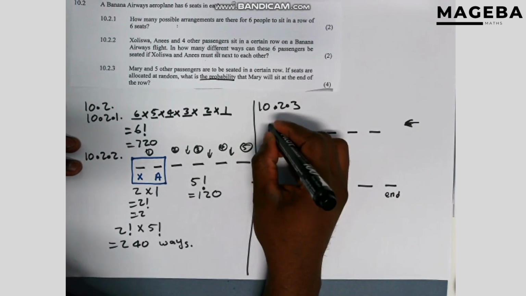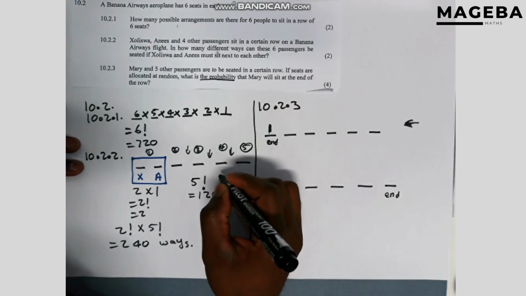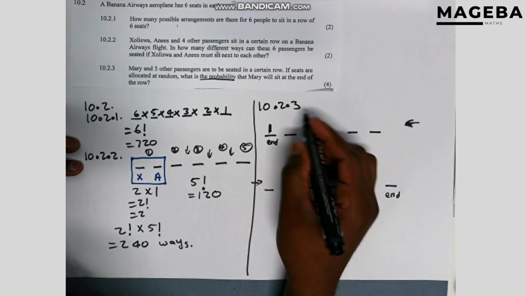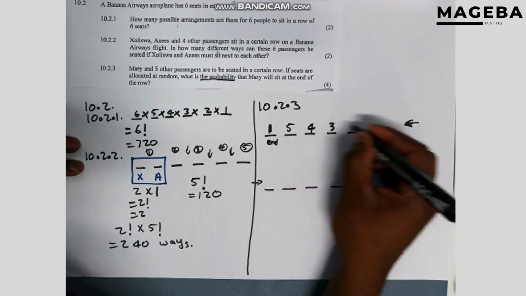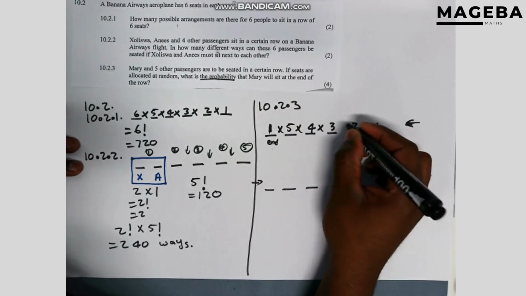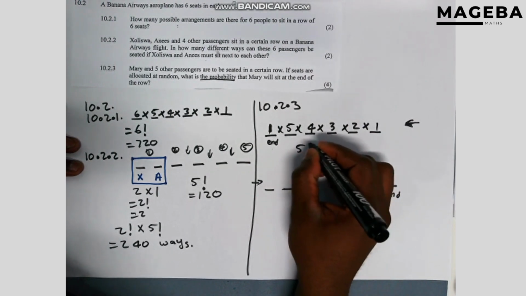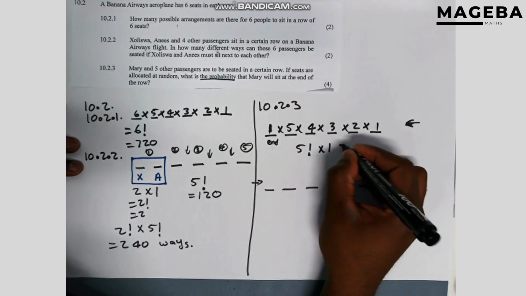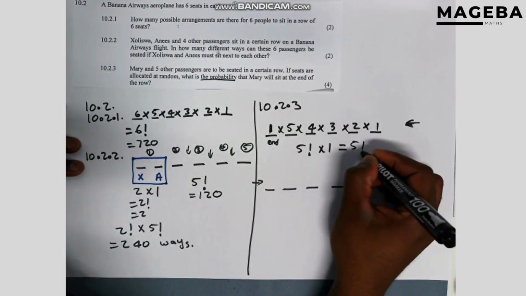We have one Mary here. After we've used Mary, we are left with 5 seats, so it goes 5, 4, 3, 2, 1, which is 5 factorial times 1. Let's just leave it as 5 factorial.